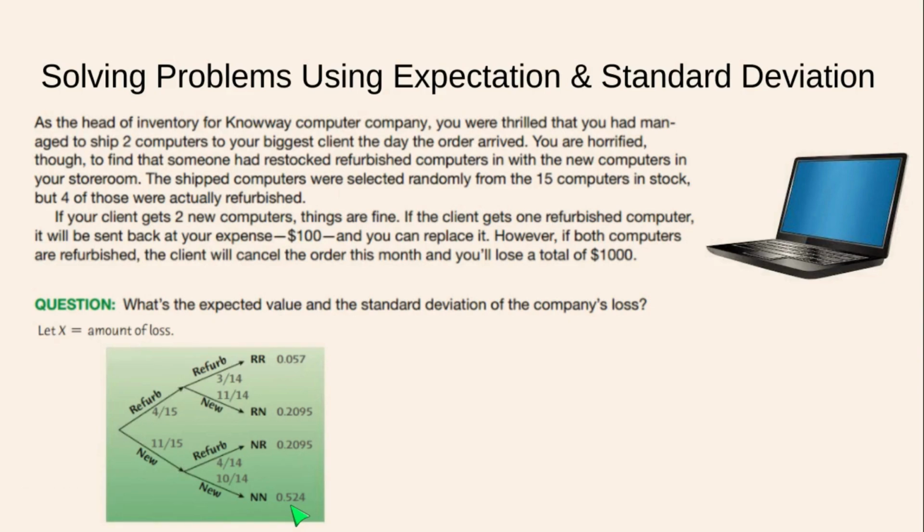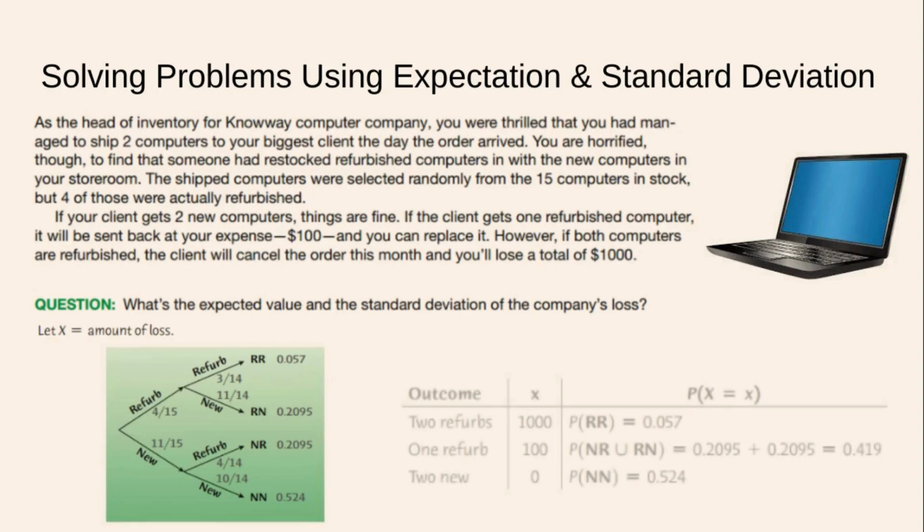So here we go. Let's take all 4 of these scenarios and find the expectation and standard deviation for our loss. Okay, so we have 2 refurbs, so that's going to be $1,000 of loss. The odds of that are quite slim. 1 refurb is going to be $100 of loss.